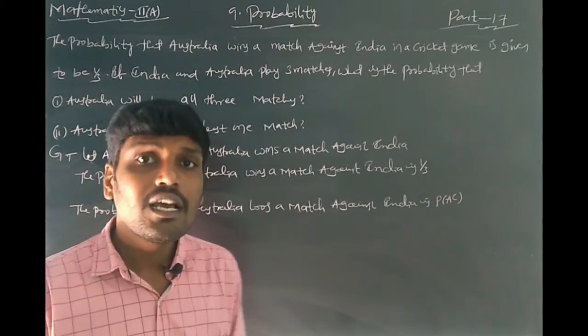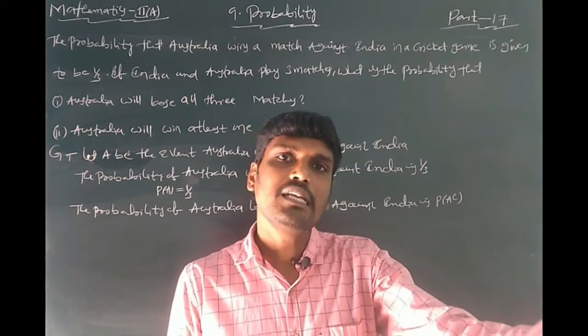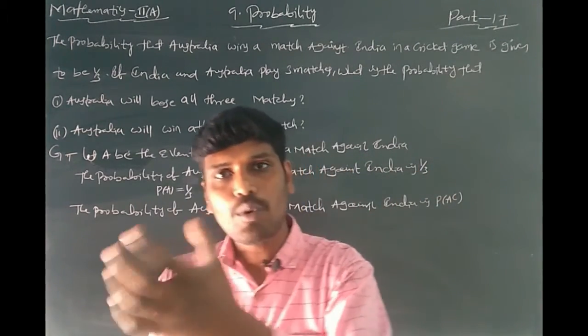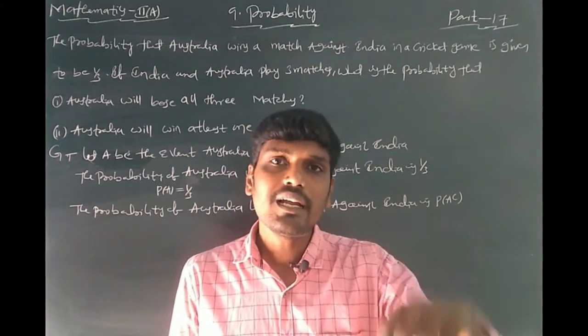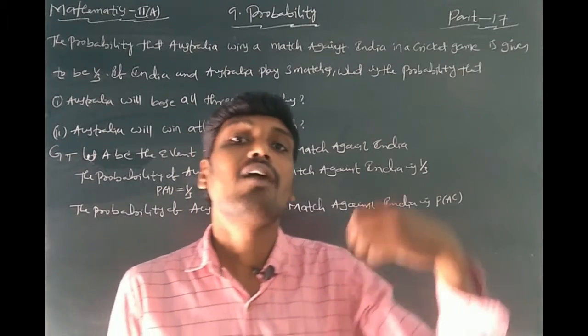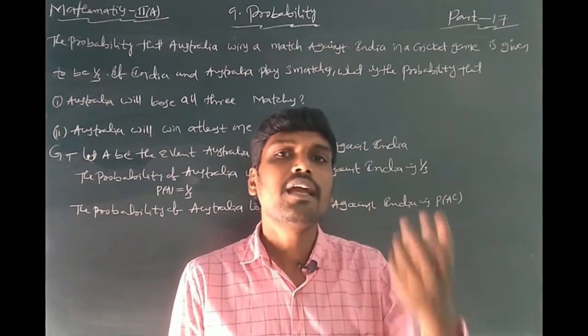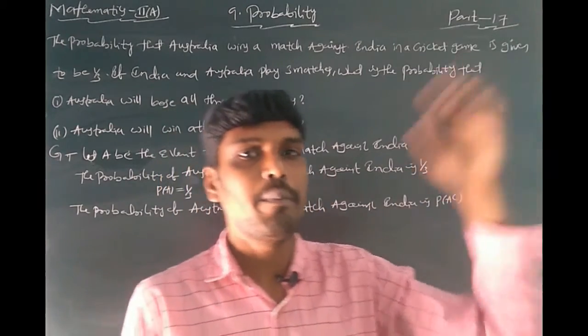Correct or not, students? Here Australia winning the match against India is the event A, whose probability is P of A. But Australia losing is nothing but India winning. That is the complementary event.